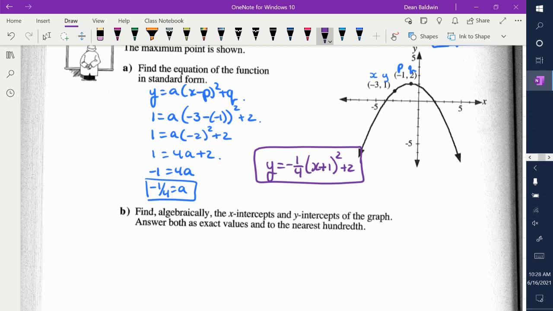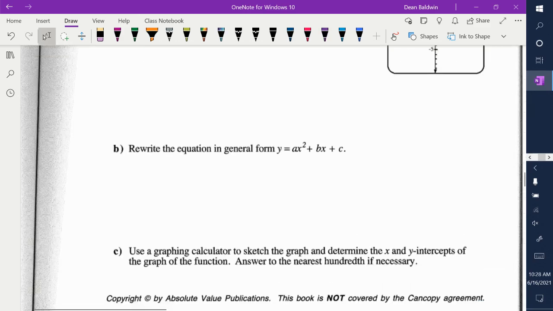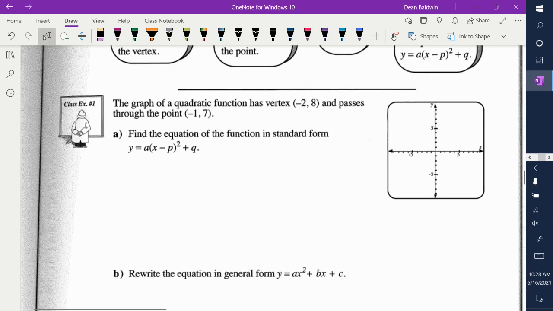All right, let's go back. So that's when you have a graph. You go back to the front page here. They're just telling us we have a quadratic function with a vertex of -2 and 8. The vertex is P and Q. They tell us it passes through the point -1 and 7.